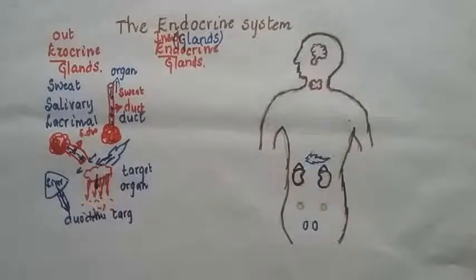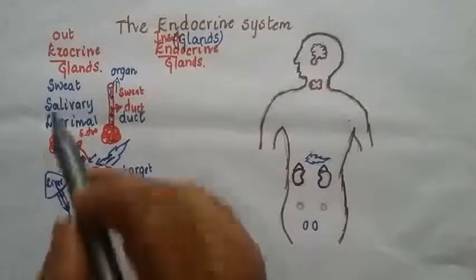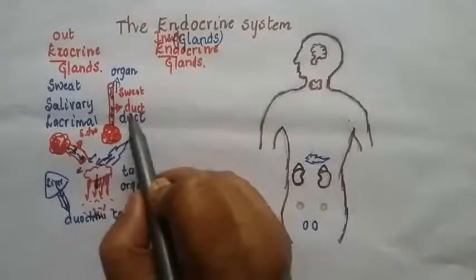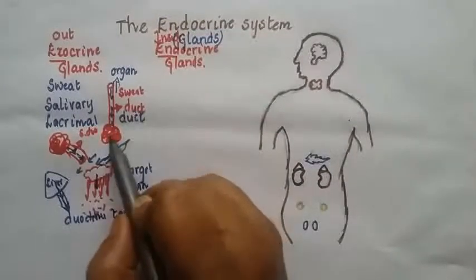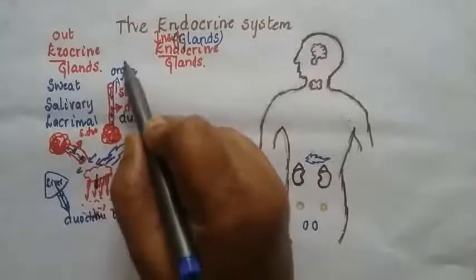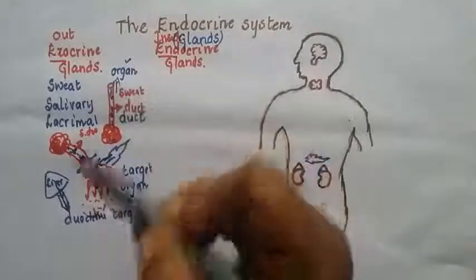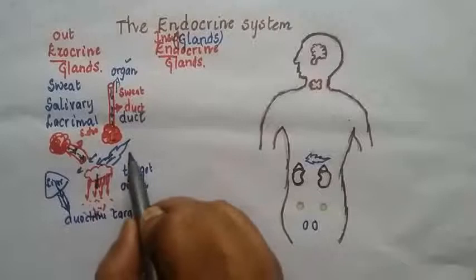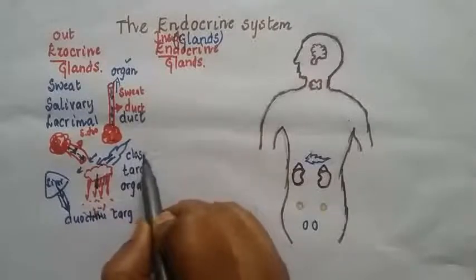So, you can say that all the exocrine glands have ducts to pour their secretion, and the organs onto or into which they are poured out are very, very close to the gland.